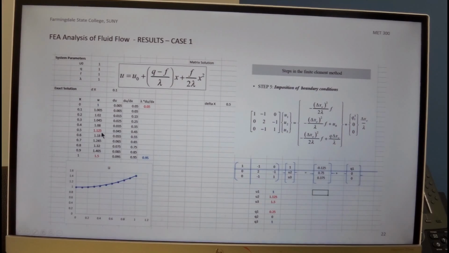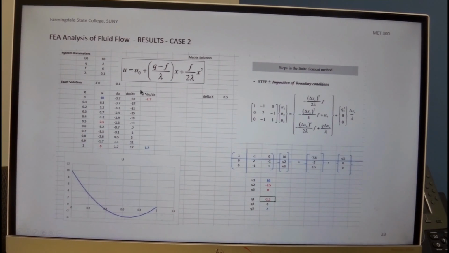When we look at the results, we see that the value of the unknown at u2 is exactly the same as the exact solution, 1.125, and similarly at the other node the value is 1.5 and 1.5. The value of q, the unknown value of q, found over here is 0.25, and over here was 0.05.